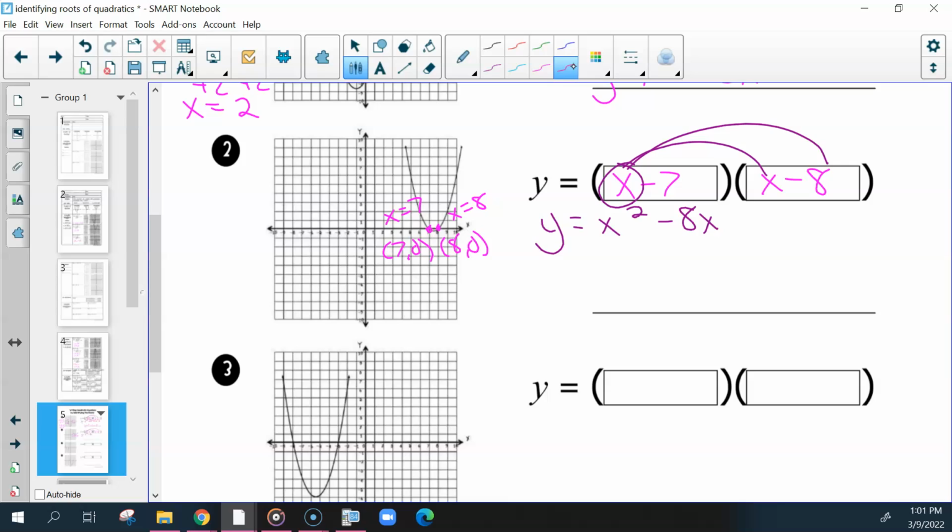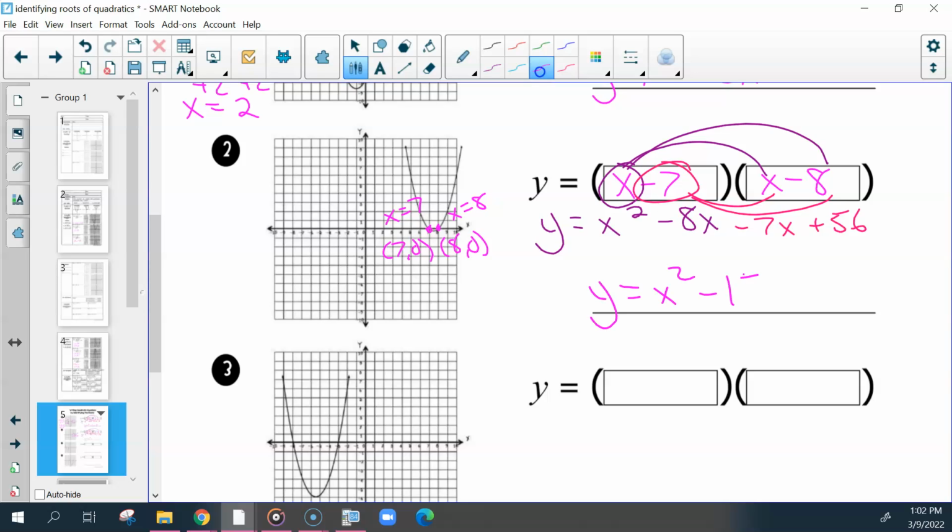And then do the same thing to the others. -7 times these two. -7 times x is -7x. Negative 7 times negative 8 is positive 56. Combine like terms. Y equals x squared minus 15x plus 56.